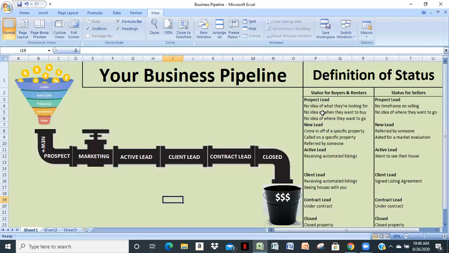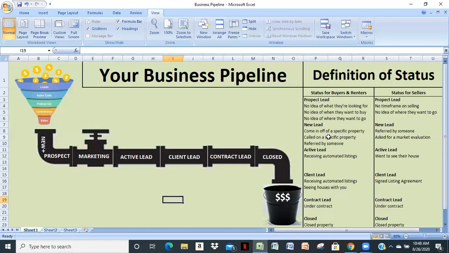So then moving on to the new lead, a new lead status is coming off of a specific property. In other words, a new lead could be coming off of maybe a landing or squeeze page that you posted on some social media platform. They can come in from your open house because they came in from a specific open house.